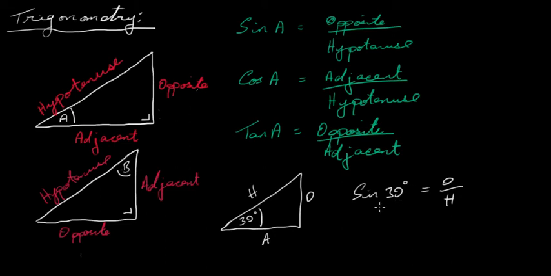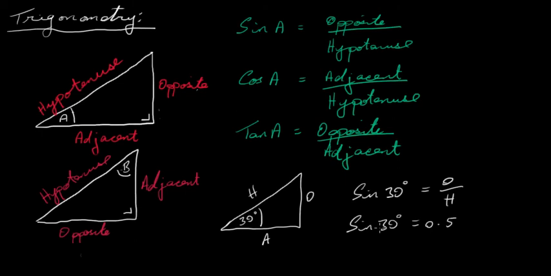You'll notice on your calculator you have three buttons: the sine of some angle, the cos of some angle, and the tan of some angle. So press sine, press 30, and make sure your calculator is in degrees, by the way. Press equals, and you should get 0.5. So the sine of 30 degrees is 0.5, or a half.